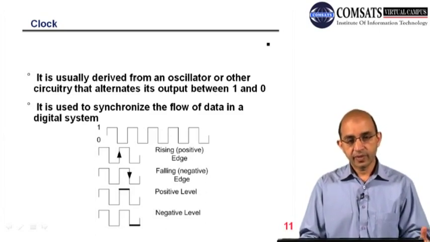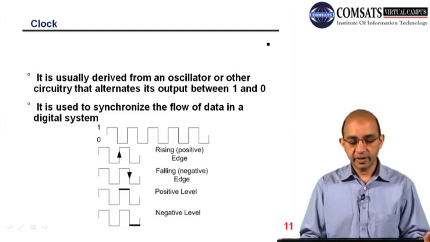We have a circuitry, and that circuitry produces an alternate signal that oscillates between 0 and 1, and this will continue as long as we have the circuitry switched on.